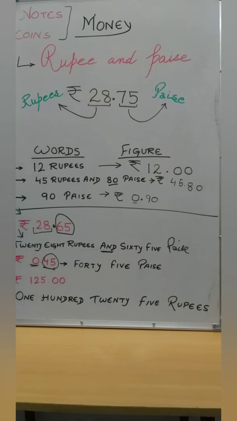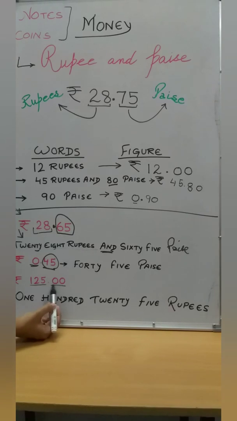Example. In this case you can see rupees 125. We have 125 rupees, but we don't have any paise.